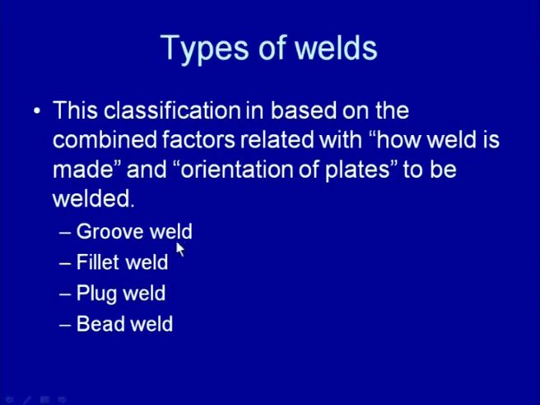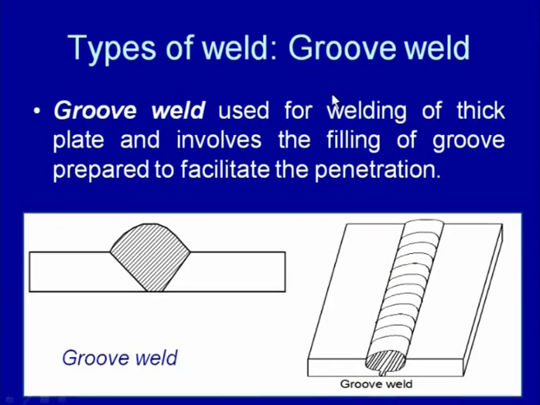So, the groove weld, fillet weld, plug weld and bead weld are the 4 common types of welds. In the groove weld, some sort of groove is made between the plates to be welded, and then melting of the faying surfaces or deposition of the weld metal from the electrode helps to develop this kind of weld.